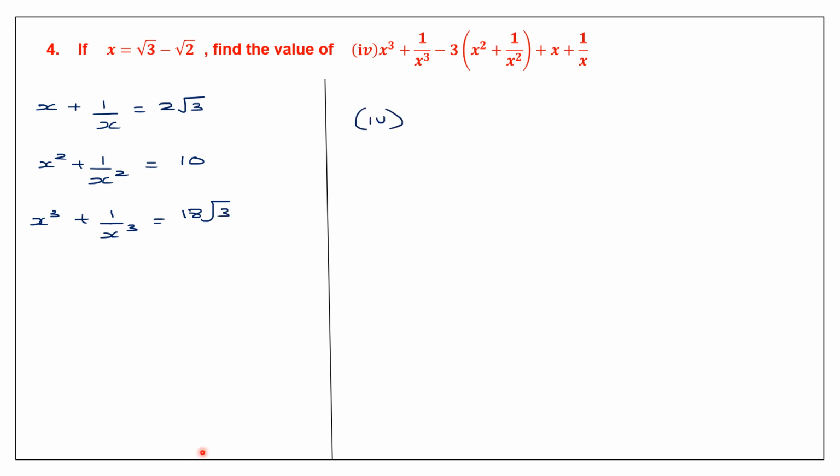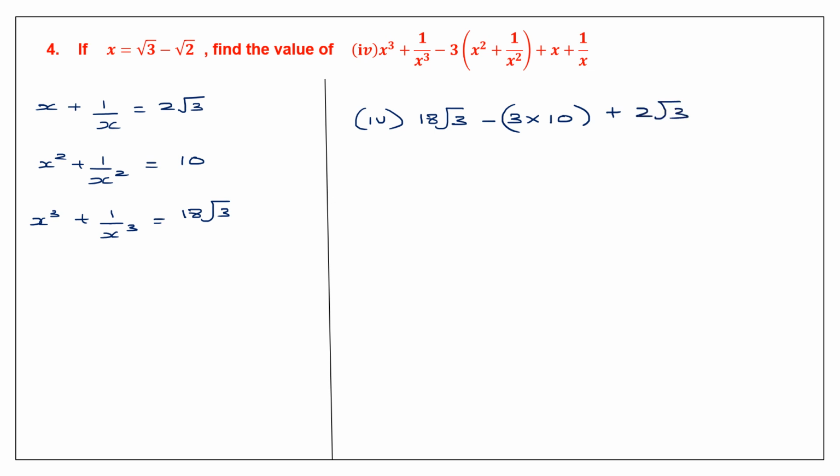So we have x cube plus 1 by x cube, and that is 18 root 3. So let's write that 18 root 3 minus 3 into, now x square plus 1 by x square is 10. So 3 into 10 plus x plus 1 by x. And how much is that? 2 root 3. So 2 root 3.